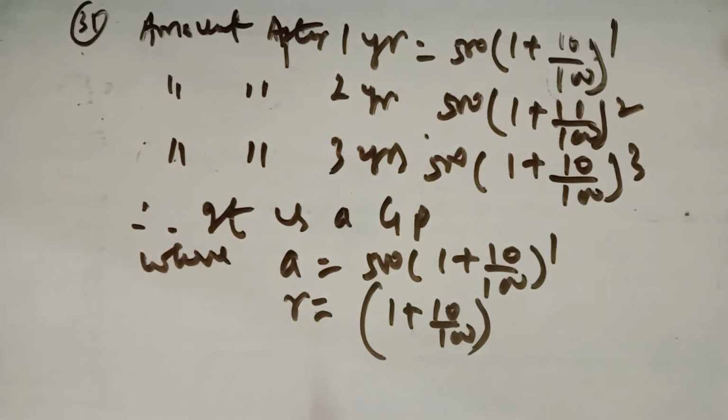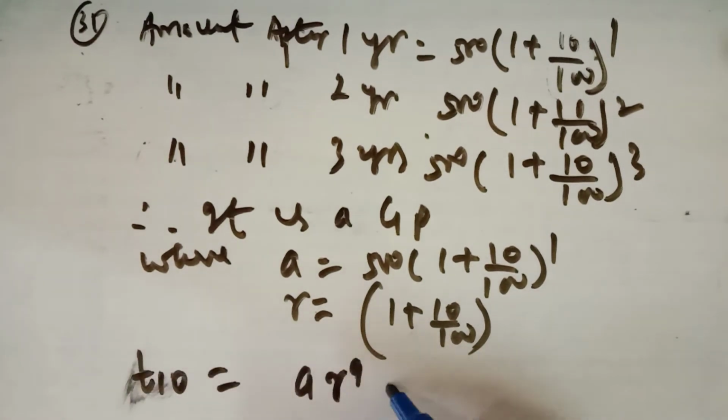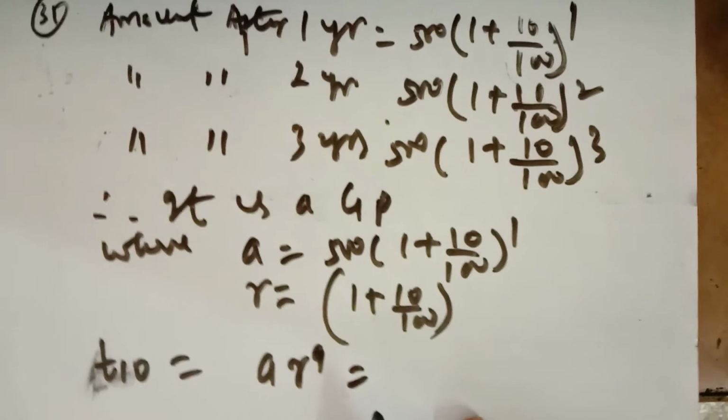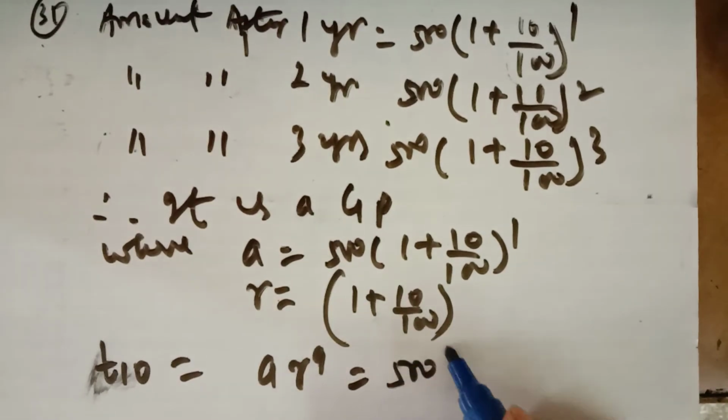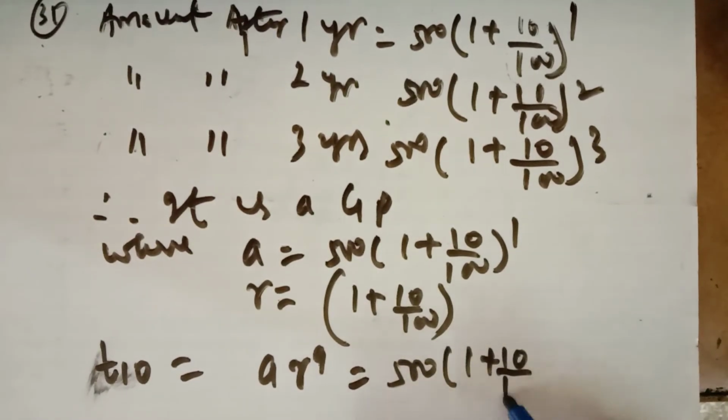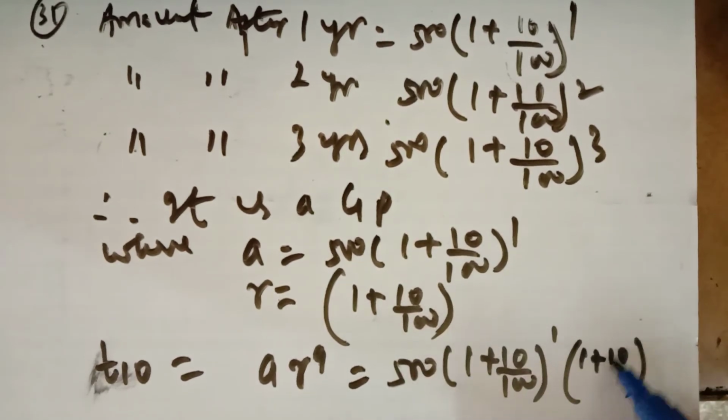So you have to find the amount at the end of 10 years. Amount after 10 years, so you have to find the 10th term. What do you have to find? The 10th term, which will be equal to AR raised to power 9, which is the GP. So A is 500(1 + 10/100) to the power 1, and the common ratio is 1 + 10/100, this is power 9.